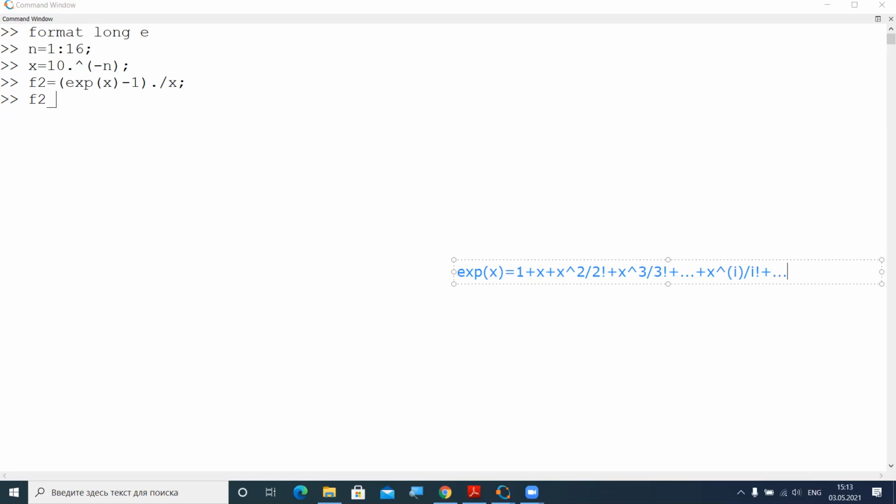Let's do it in this form. Here the starting value will be just 1 because the first term is 1.